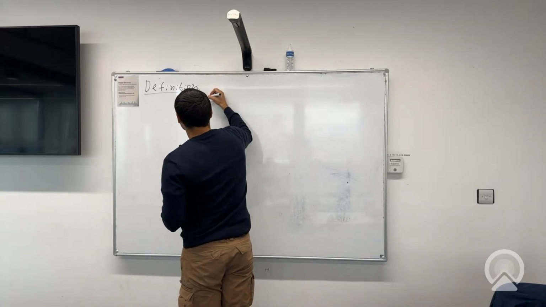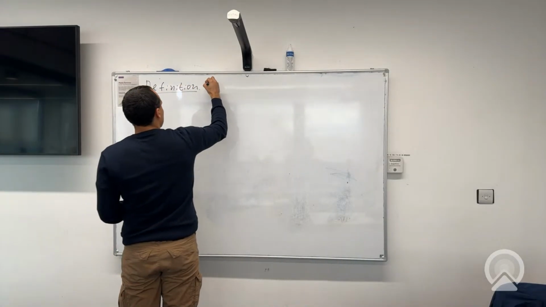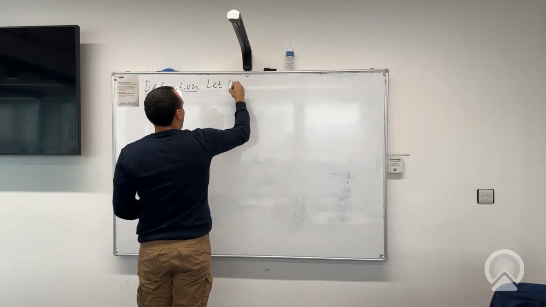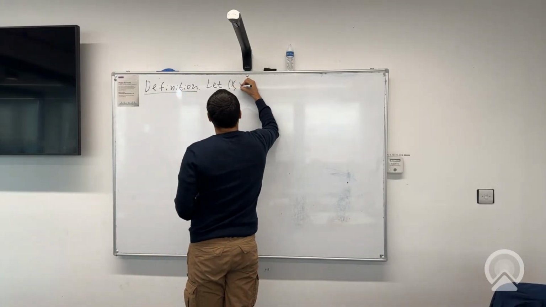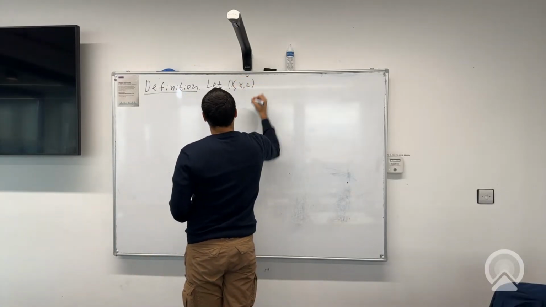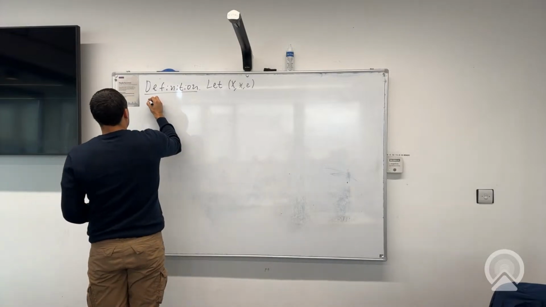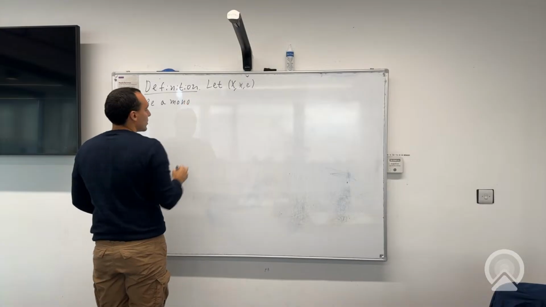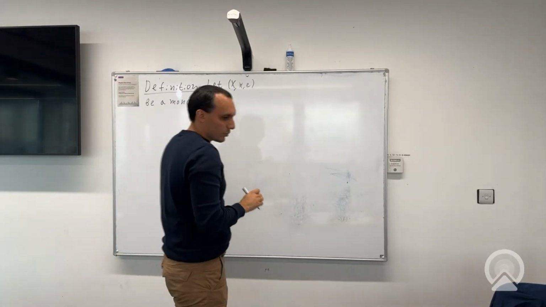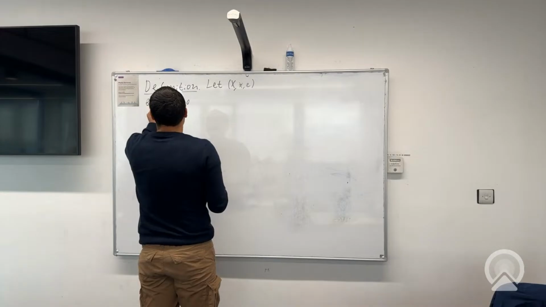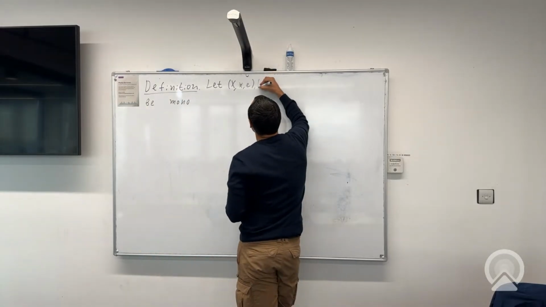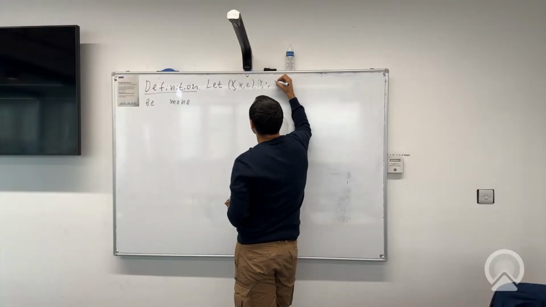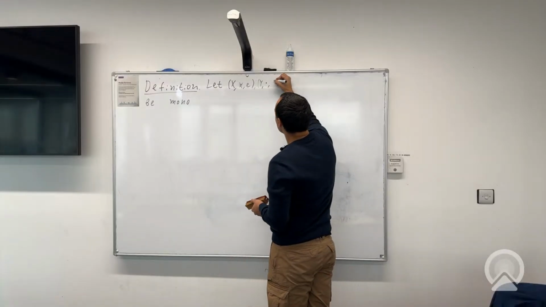So, let X and Y be monoids. Okay, we have two monoids, X and Y, with identities E_X and E_Y.